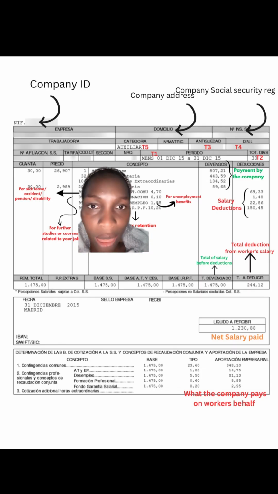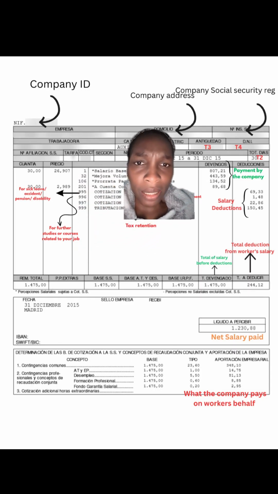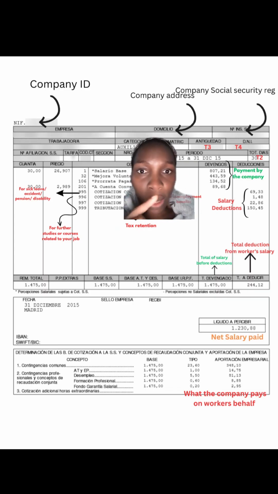Now we go to T3, very important. T3 is for antigüedad. Now, antigüedad, in English, will be duration, and it is the date when you signed the very first contract. Now, here is the trick. I have seen some before.